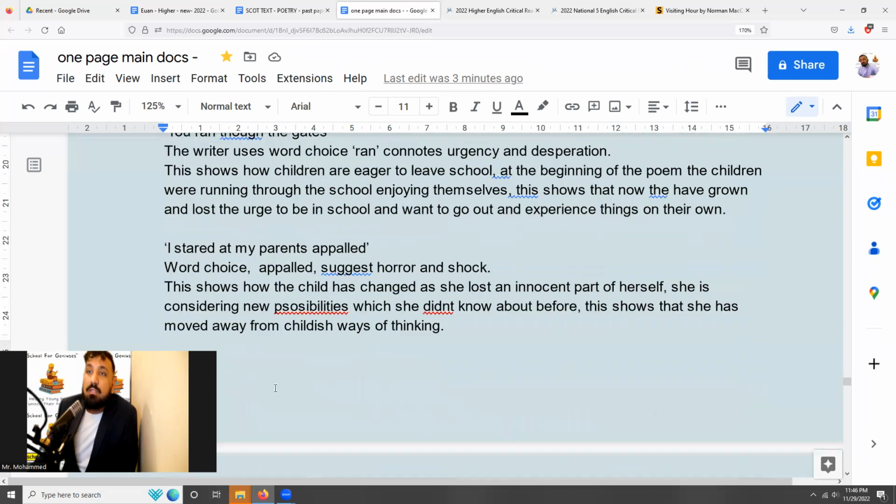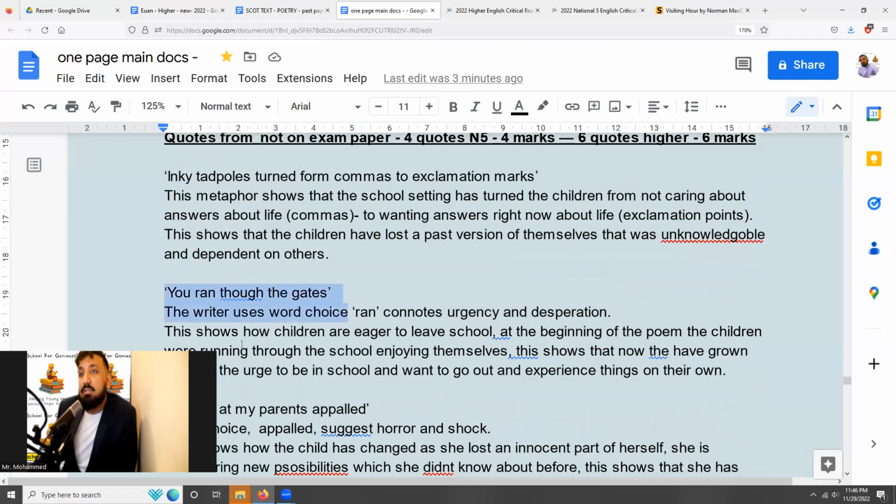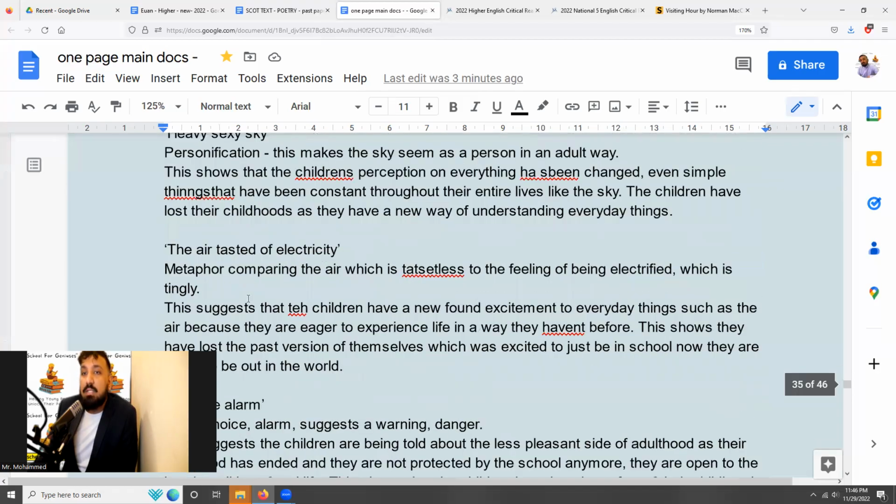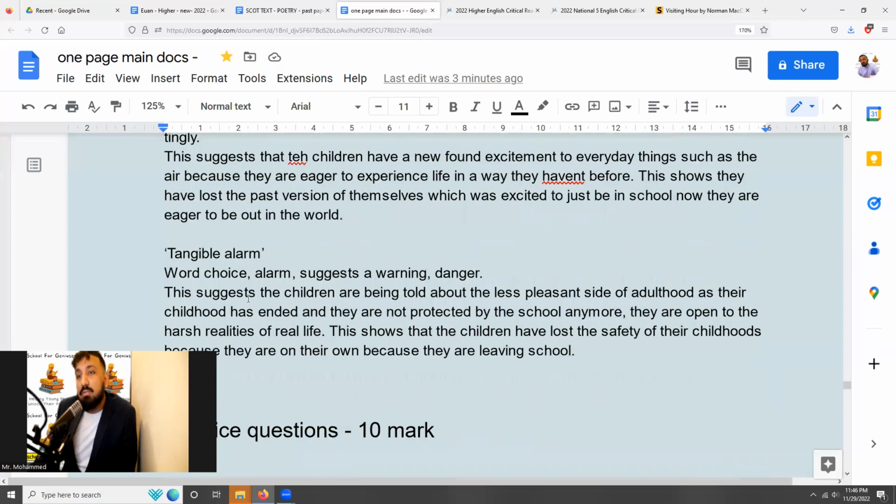Okay. And again, there's number 2, word choice, and lost the urge, again, she connects it. So you see, every time she puts the quote, uses the technique, then she goes ahead and connects it back to the point that she made, to the commonality, to the correct part of the commonality.